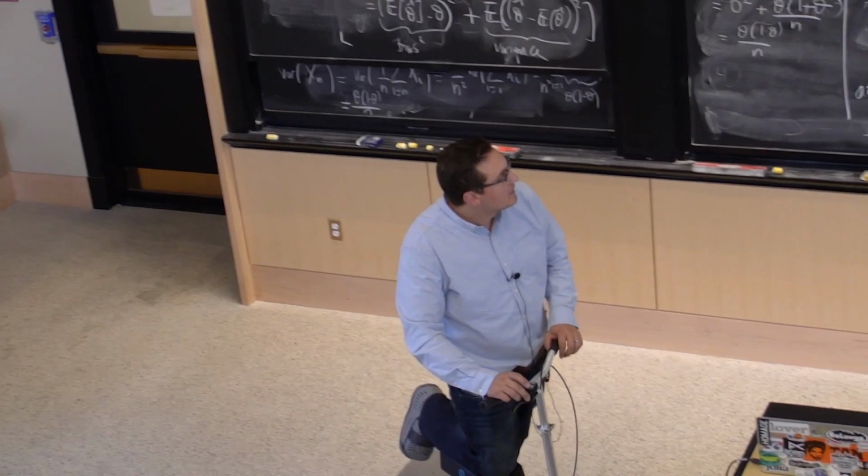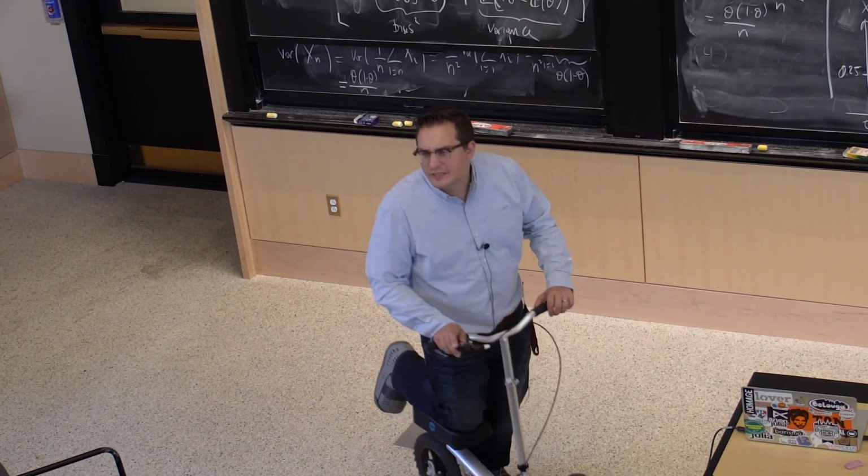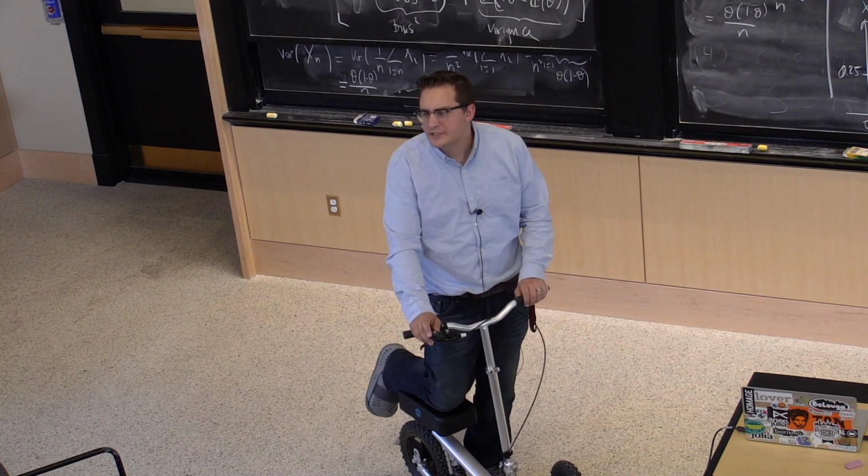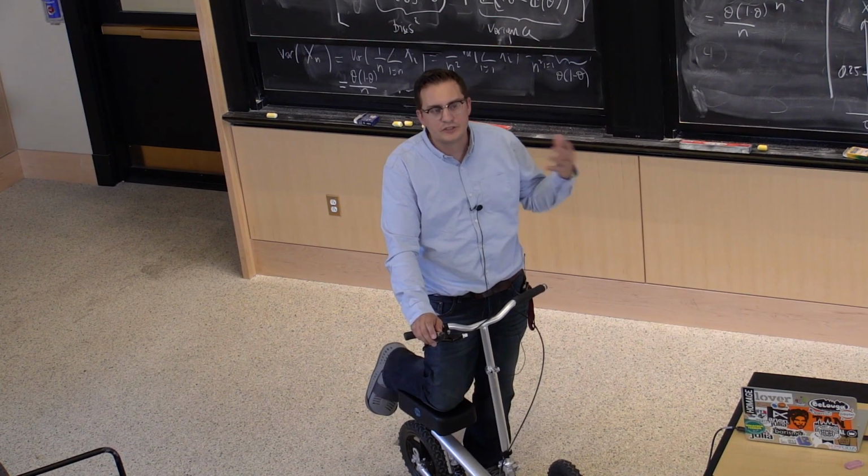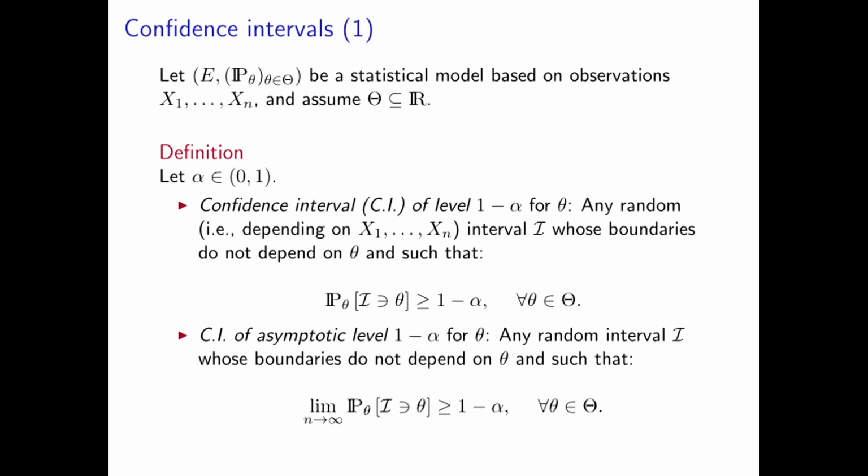I'm just going to go quickly through those two remaining slides because we've actually seen them, but I just wanted you to have somewhere a formal definition of what a confidence interval is. We fixed a statistical model for n observations, x1 to xn. The parameter theta here is one-dimensional, a subset of the real line, and that's why I talk about intervals.